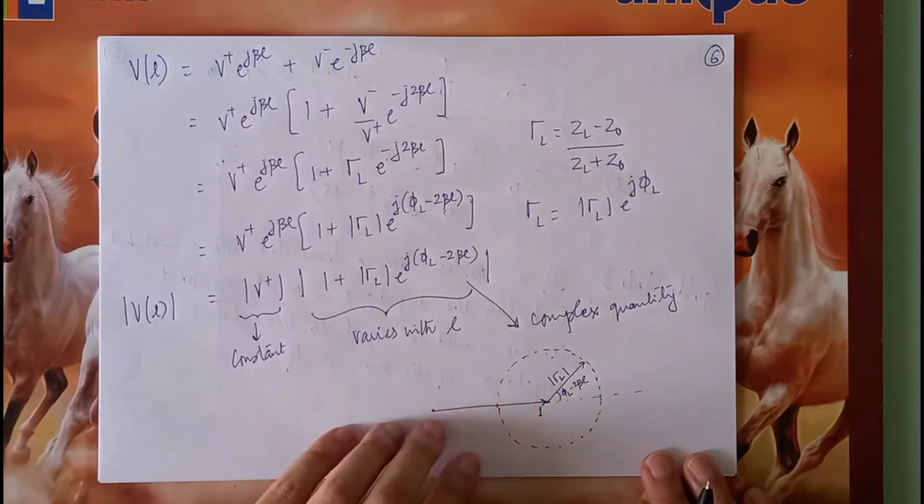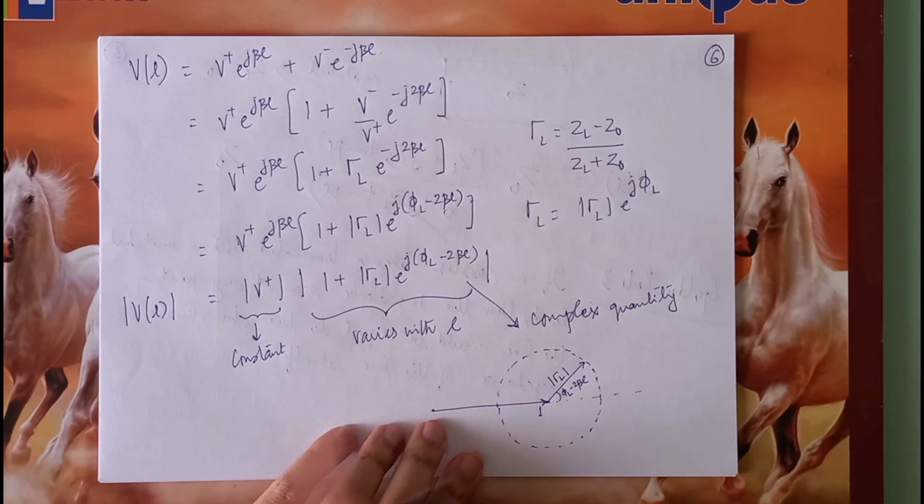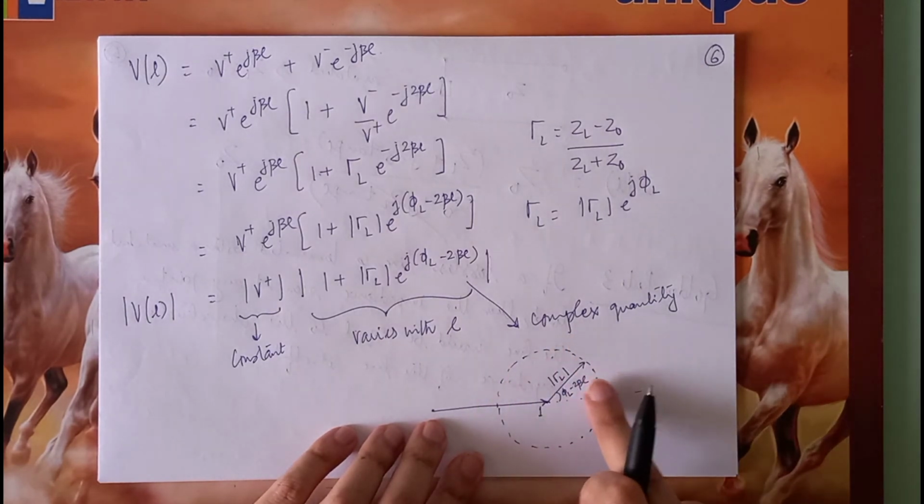So the question now is, how does this tip of the vector change?